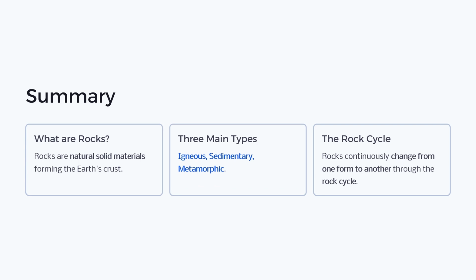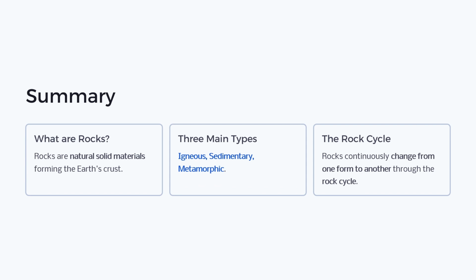Next, which are the three main types of rocks? The three main types of rocks are igneous, sedimentary, and metamorphic rocks. Then, how does the rock cycle work? Rocks continuously change from one form to another through the rock cycle, through various processes of weathering, heat, pressure, everything.